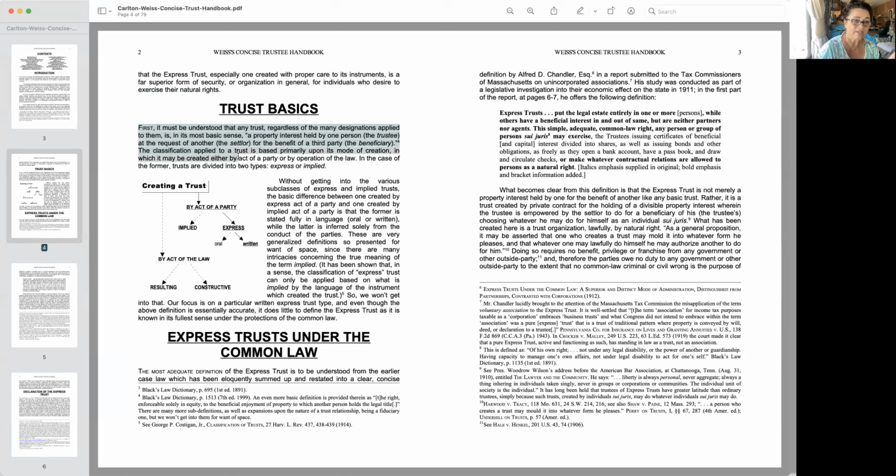The classification applied to a trust is based primarily upon its mode of creation, in which it may be created either by act of a party or by operation of the law. In the case of the former, trusts are divided into two types: express or implied.